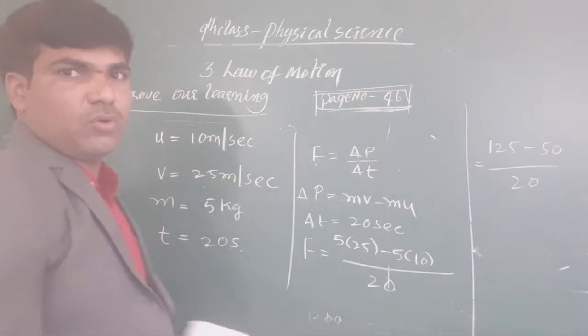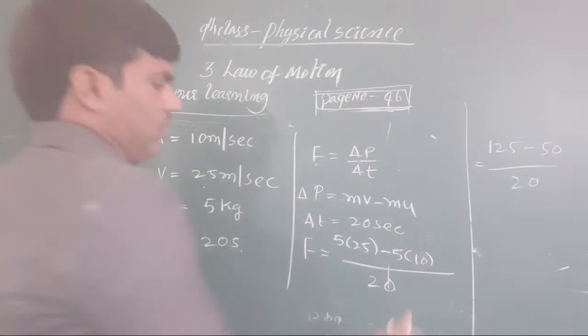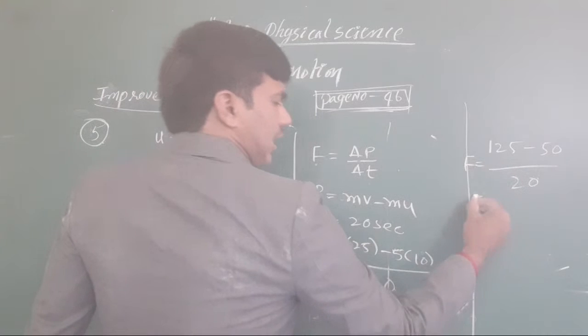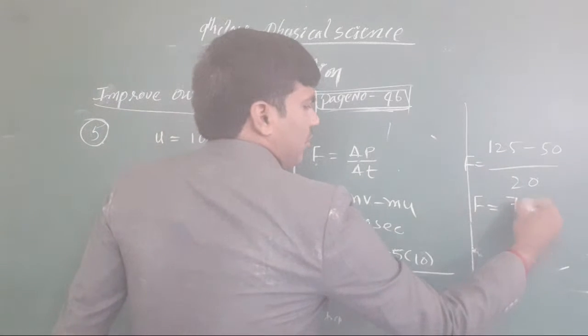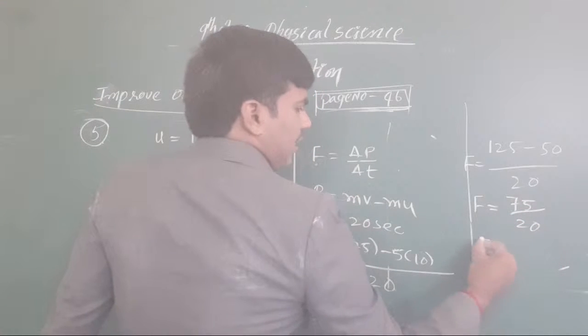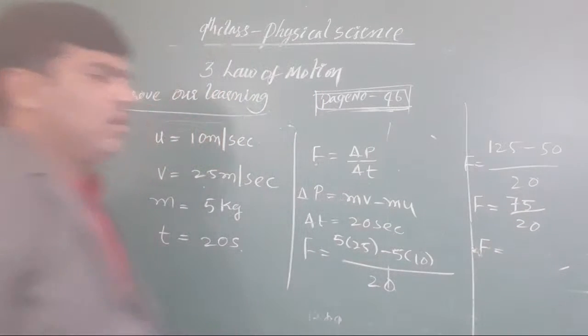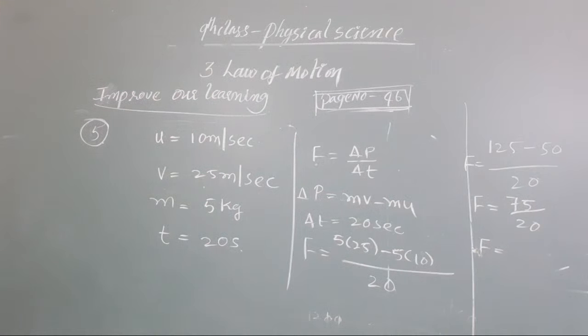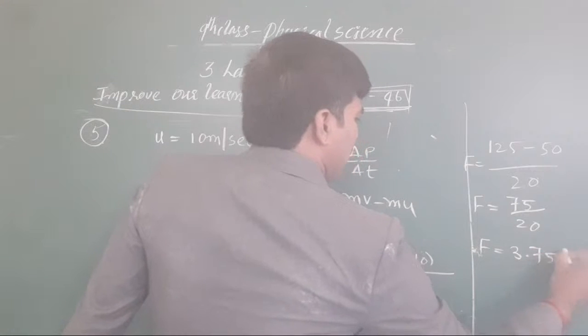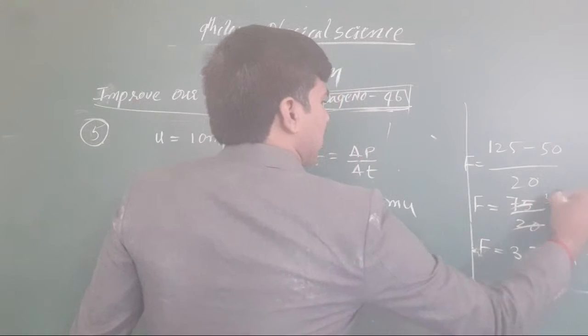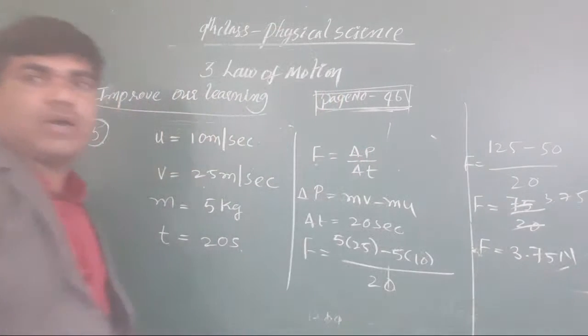50 by 20. And now F is equal to 75 by 20. Okay, clear or not, all the students? Then F becomes 3.75 newtons. Okay, 3.75 newtons.